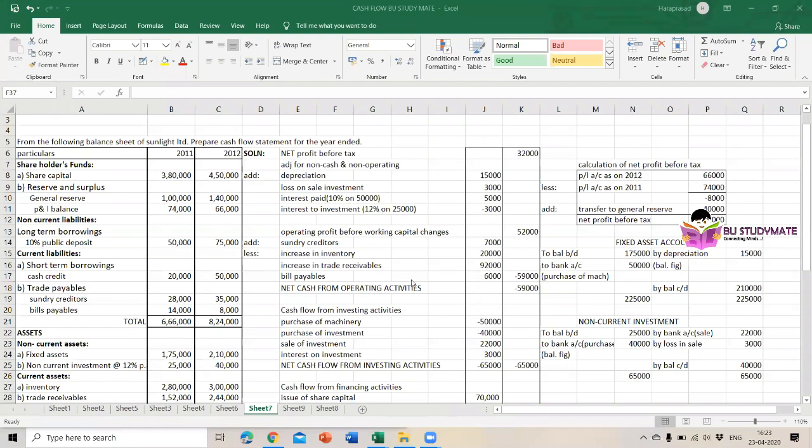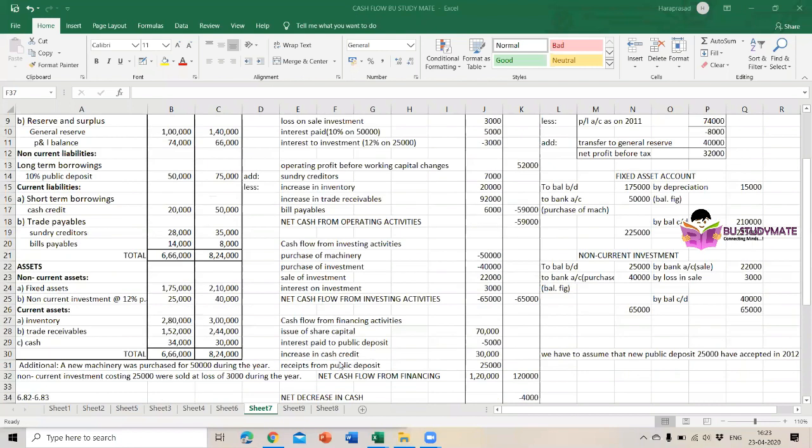And in the financing activities, I have also written receipts from public deposit, 25,000 rupees, and then interest paid to public deposit, 5,000 rupees. In the previous year, for the 50,000 rupees we have paid 5,000 as interest on public deposit.